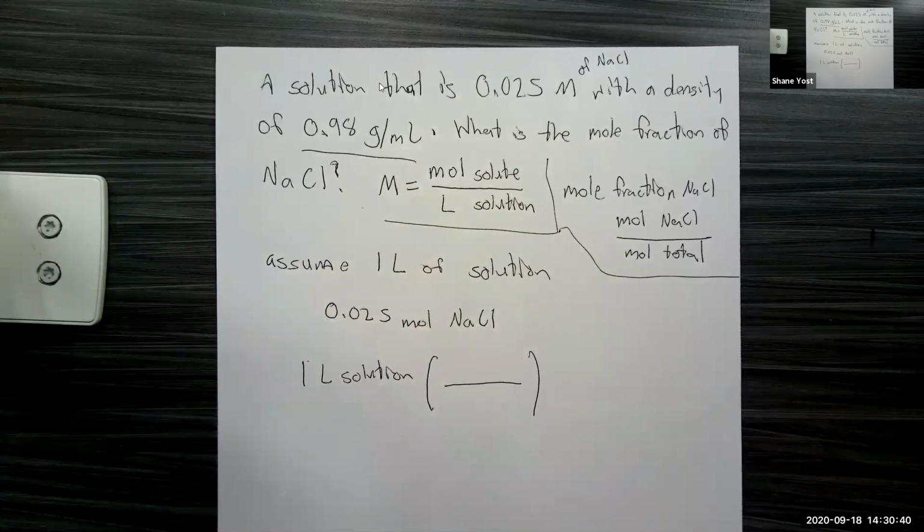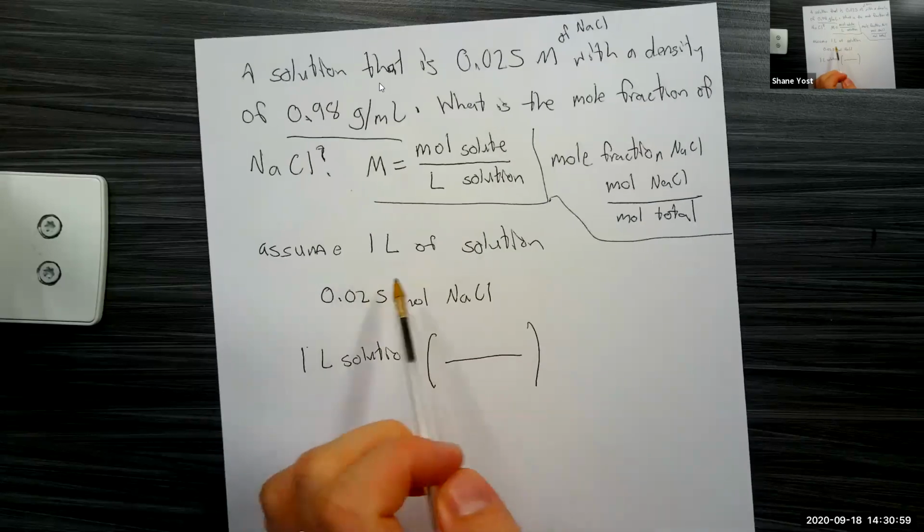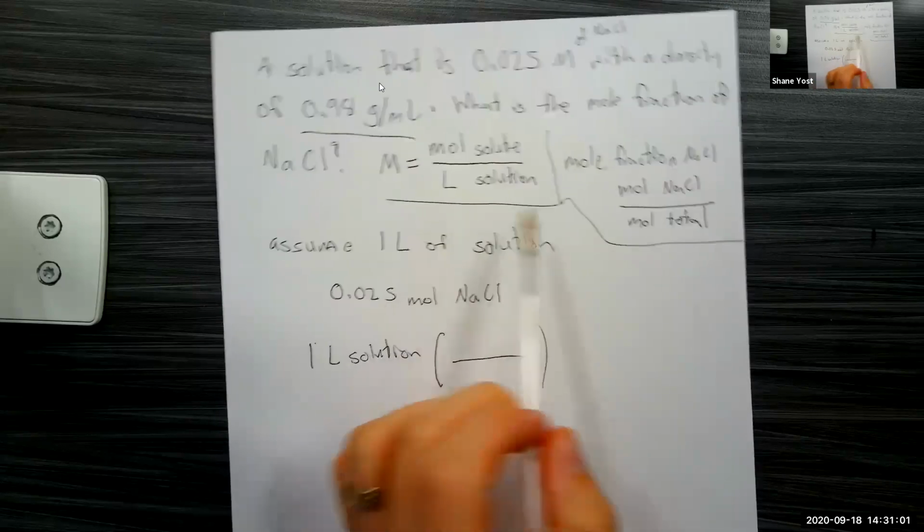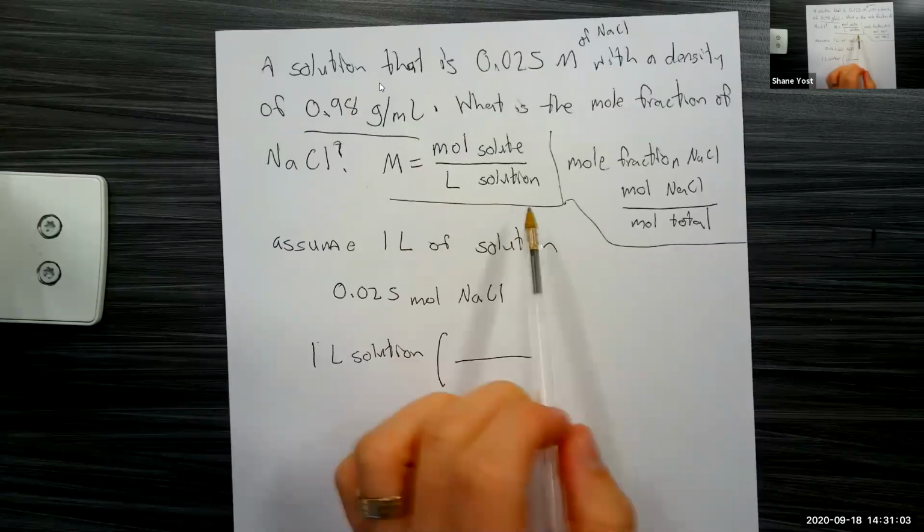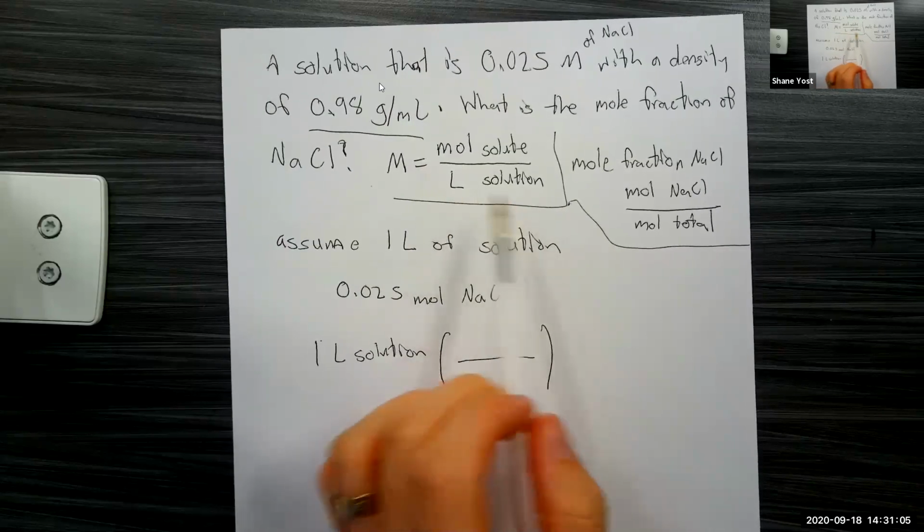I could have assumed 5 moles of sodium chloride and used that to figure out everything else. I could have assumed 0.125 liters or something like that. The amount you assume doesn't change your final answer, but it does make it a little easier. I picked 1 liter of solution because I have molarity, which has liters of solution in the denominator.